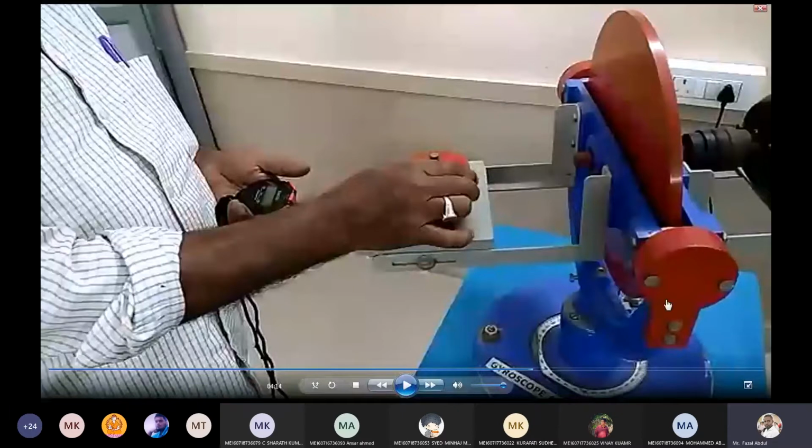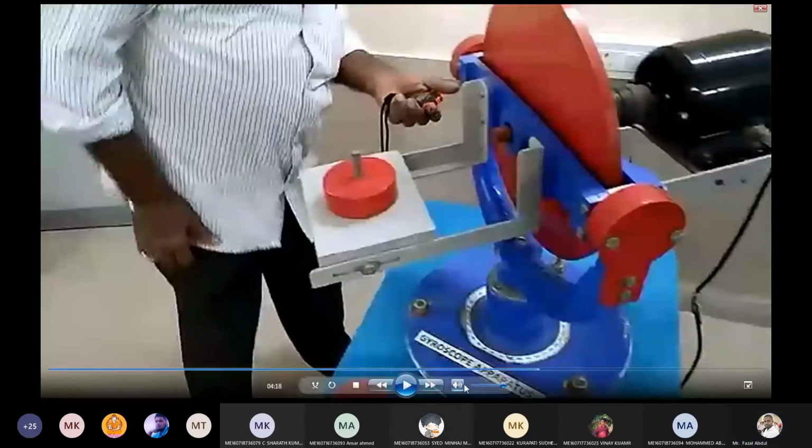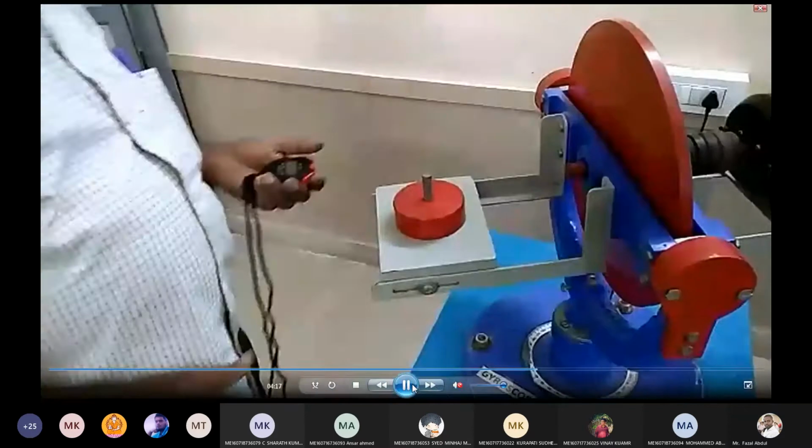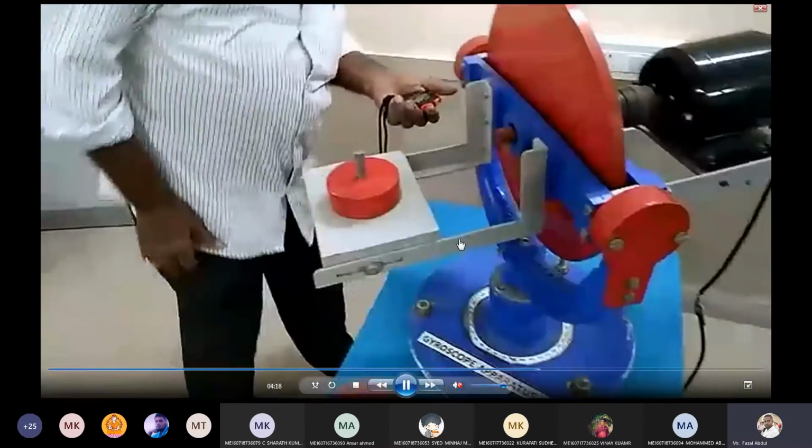For the experiment, only 90 degrees of rotation is taken into consideration. For turning from 0 to 90 degrees, we need to note how much time it takes on the stopwatch for the 1 kg load. After application of load, it starts to rotate about its own axis.